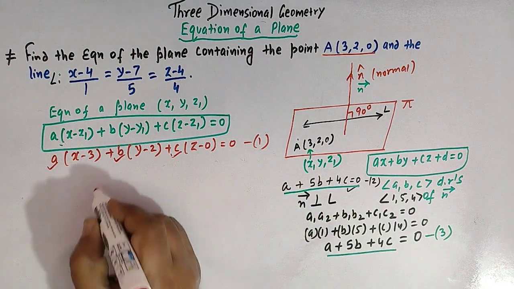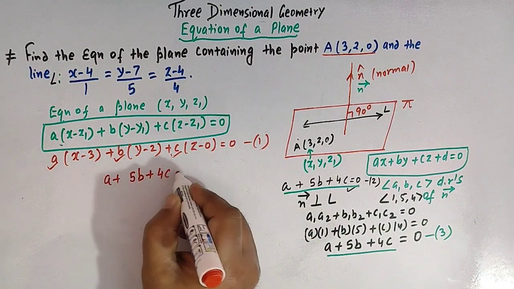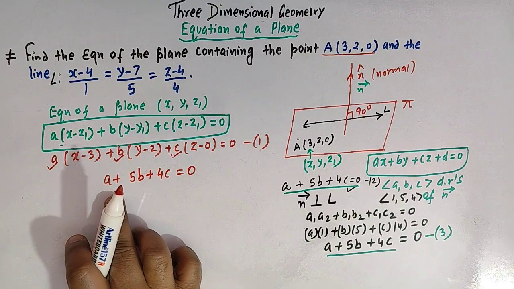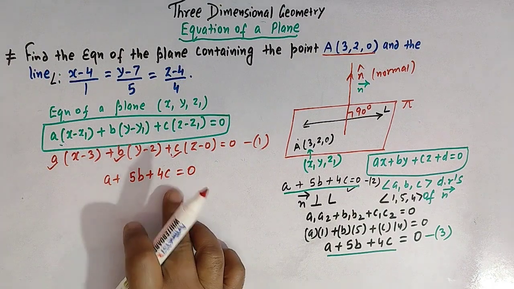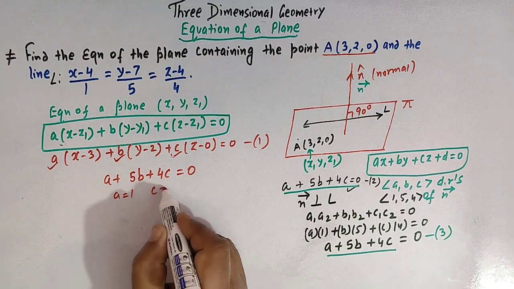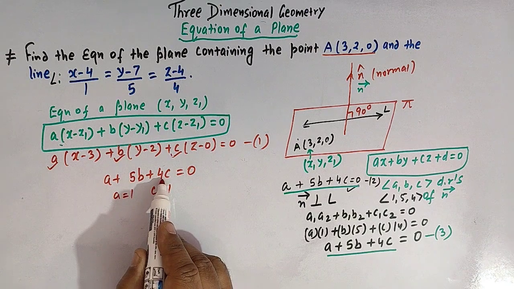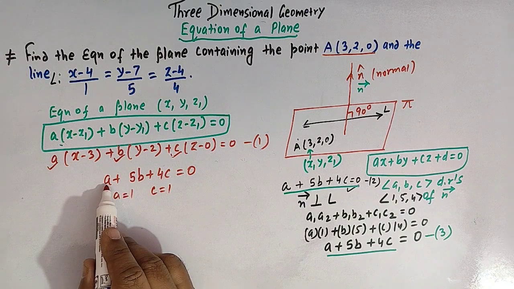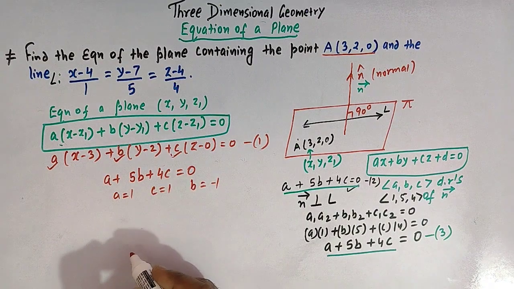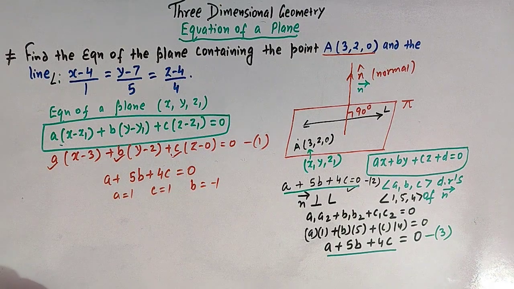See, here we have this equation a plus 5b plus 4c is equal to 0, right? Now if we make a wise guess, if we take a equal to 1 and c equal to 1, then we will get 1 and 4. So 4 plus 1 is 5, and if we now take b equal to minus 1, then this equation is satisfied, right?